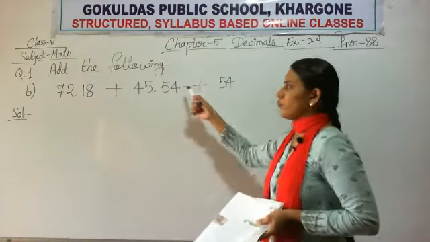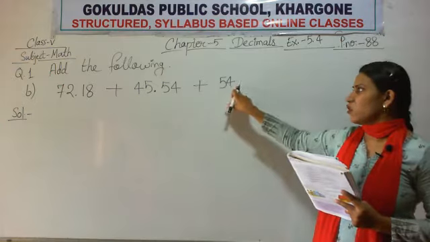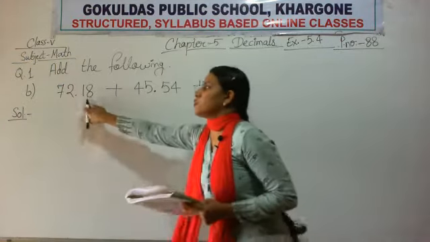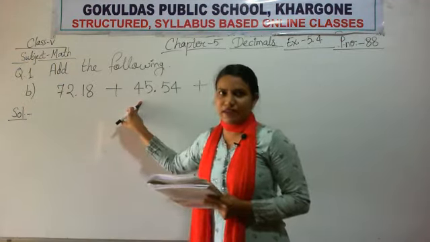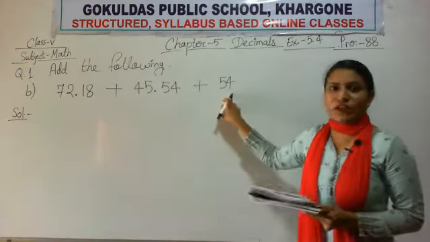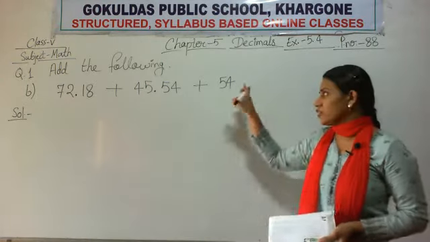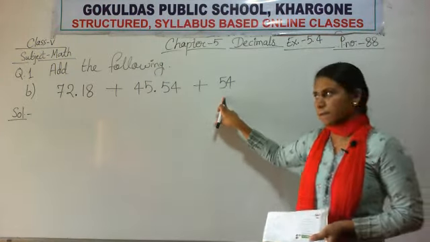Now observe, all of your given numbers are not like decimals. Why? Because there is no decimal point here. These two numbers are decimal numbers, right? These two numbers are decimal numbers, but this number 54 is a whole number. So you need to make this a decimal number.